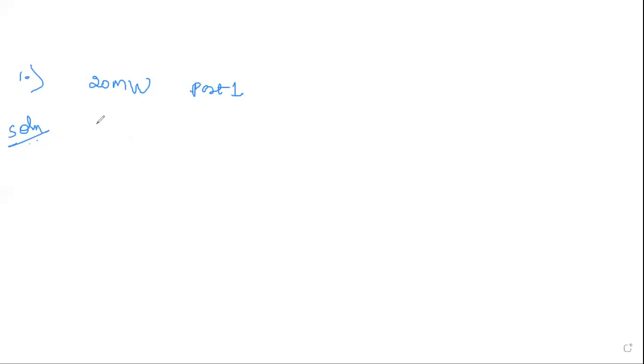What is given in the question? Anybody? Any guesses? At least which port the power is given, and which are terminated? Port 1, the power is given. Ports 2, 3, and 4 are terminated. It is an H-plane T, so you will have port 1, port 2, and this is your port 3.